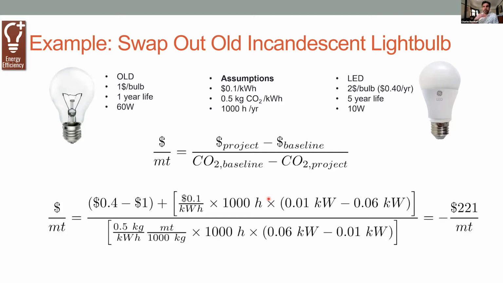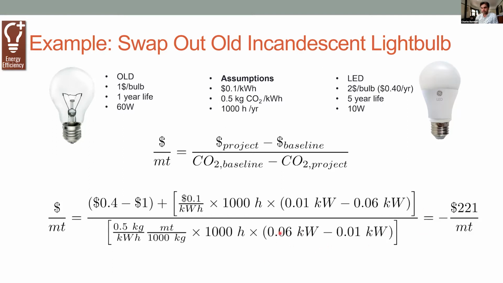He said, so don't get too hung up on how negative it gets, just make the change. Which is kind of unsatisfactory to me because I want beauty in mathematics or whatever. But it certainly works on the other side. If this is a positive number, then the more positive it is, the less attractive a mitigation strategy is. And that's also why it's important to actually see how much carbon is reduced.